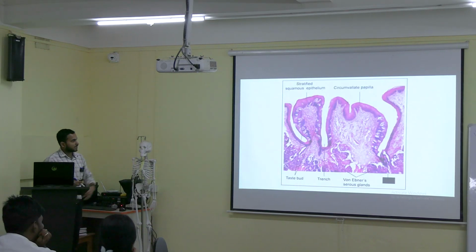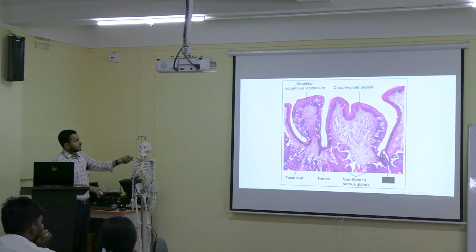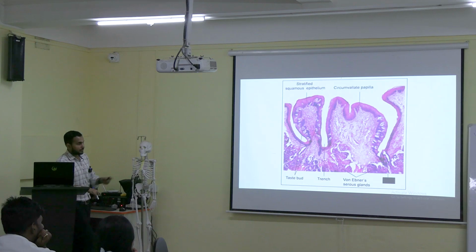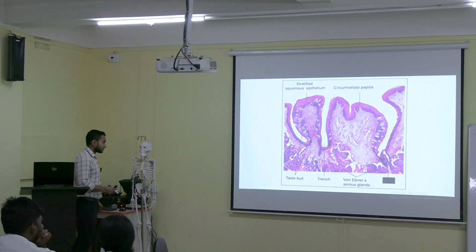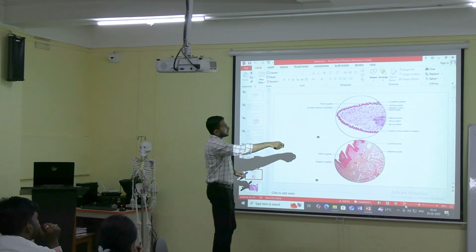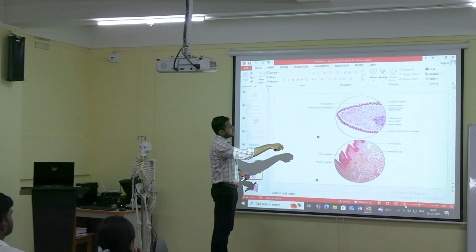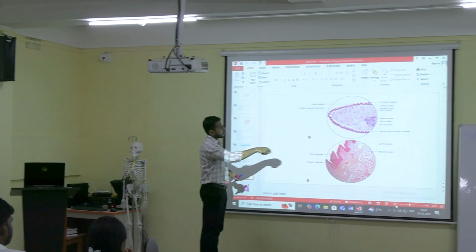Now here you can see the microscopic structure of the tongue. So can anyone tell me which is the lining epithelium? Now before that let me show you another diagram. If you can see this particular diagram, here also you can see stratified squamous non-keratinized epithelium. Here also you can see stratified squamous non-keratinized epithelium.